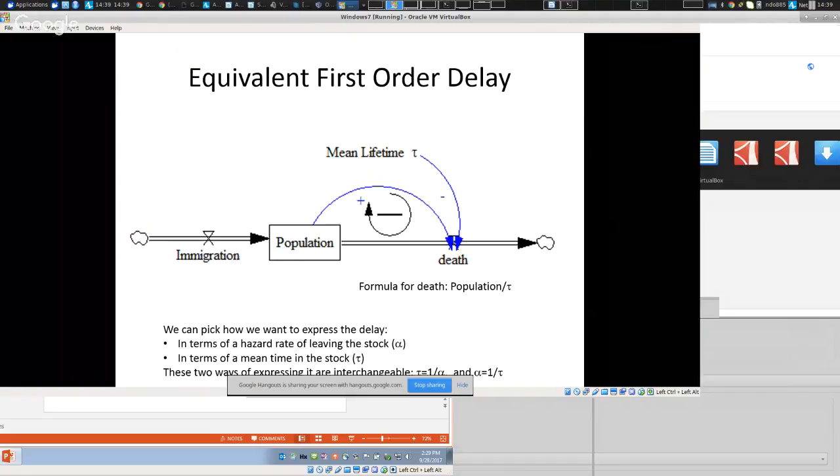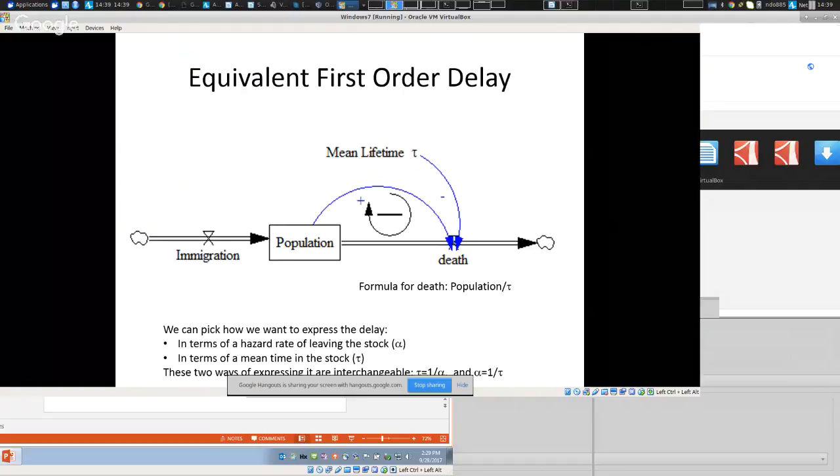The unit associated with X, putting it in square brackets, is U. The unit associated with the flow into or out of that stock is U over some unit of time. Years, seconds, centuries, okay? That has to be the case.